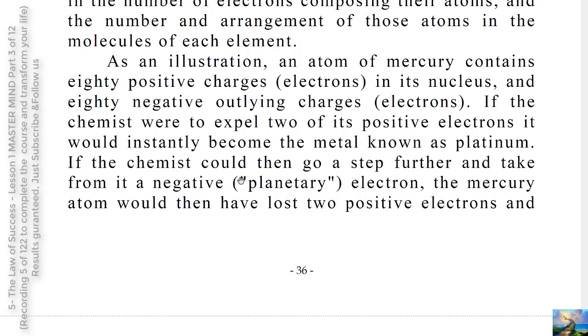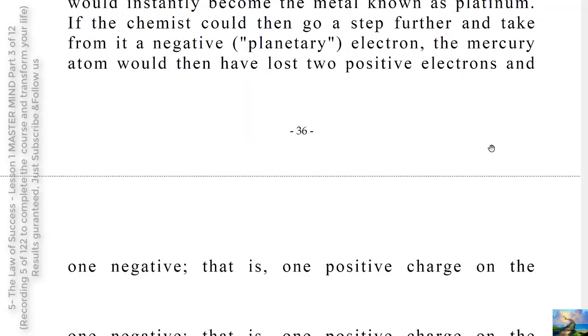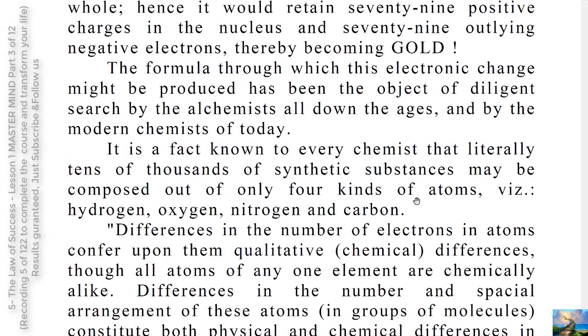If the chemist could then go a step further and take from it a negative, planetary electron, the mercury atom would then have lost 2 positive electrons and 1 negative. That is, 1 positive charge on the whole. Hence it would retain 79 positive charges in the nucleus and 79 outlying negative electrons, thereby becoming gold.